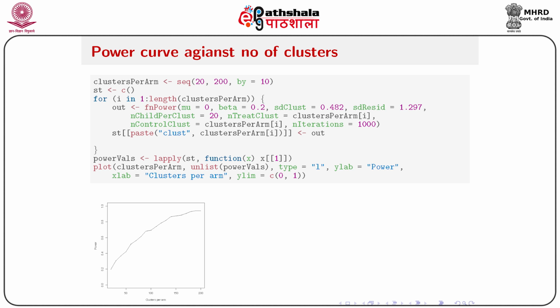I deliberately chose a longer interval to avoid long execution, so 20 to 200 by 10: 20, 30, 40, 50 and so on. Then I use a for loop for i equals 1 to the length of cluster per arm, call the function and store the result in the out variable.